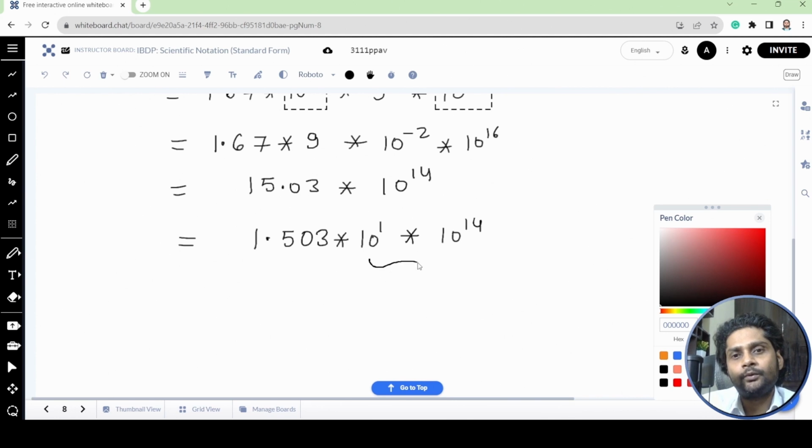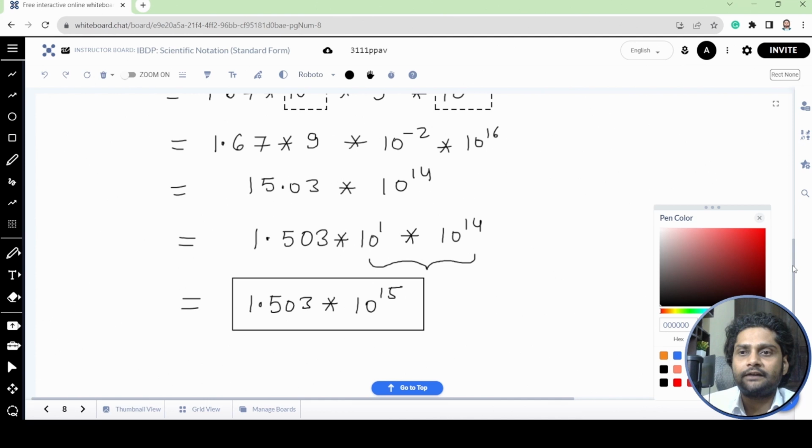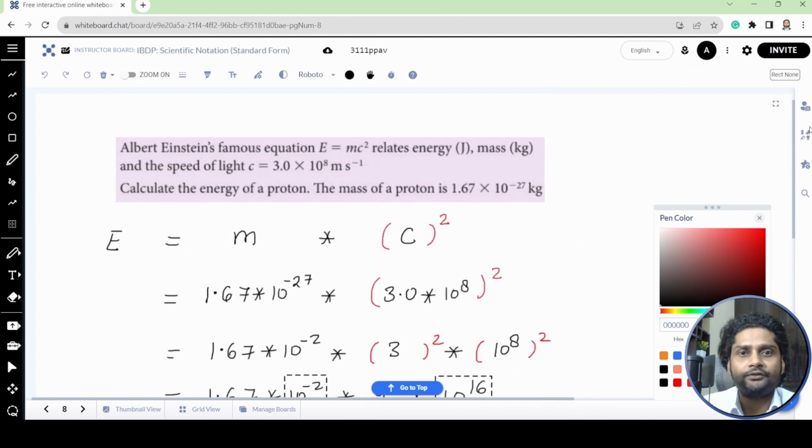Further, we have to combine these two terms together. And that's your final answer for energy. And you have to give the answer, they might ask you to give the answer in joule.